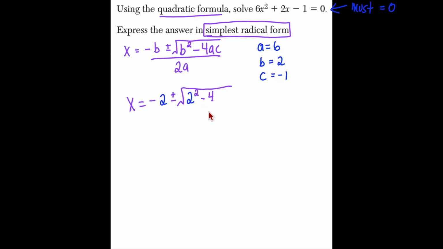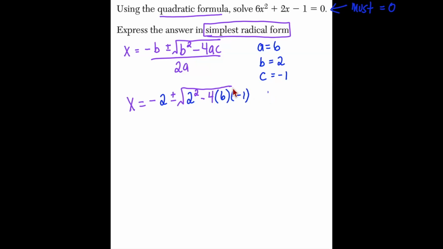Minus that 4 is always there. Now AC. So A in this case was 6. Now this part here, I always like to drop these two into parentheses to indicate that I'm multiplying them. And also if there are negatives, like with the C here, it's just a way for me to make sure I don't make any mistakes.